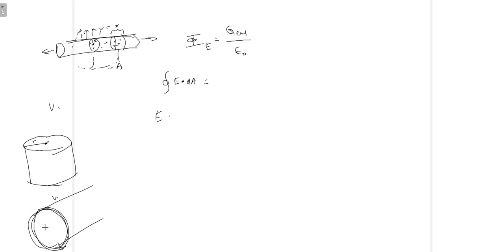Circumference is 2 pi r times h. So this surface here is going to be 2 pi r times the length of whatever we're looking at.